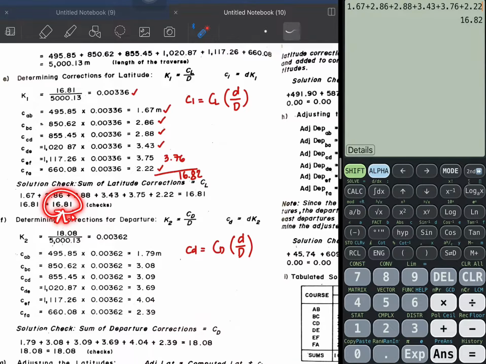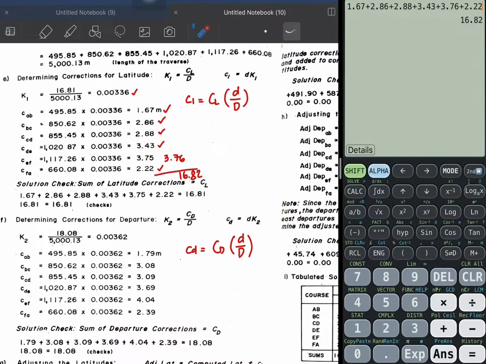Okay, so if ever you have an excess number of correction, you are to subtract the excess number to the bigger value in the correction. So the bigger value here in our correction is 3.76, and then our excess is 0.01. So therefore 3.76 minus 0.01, so you have 3.75.